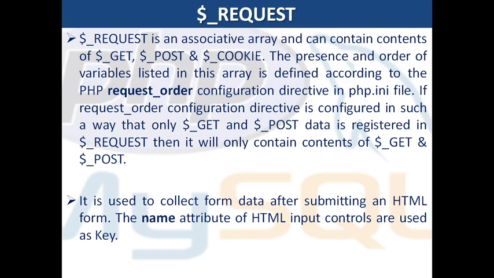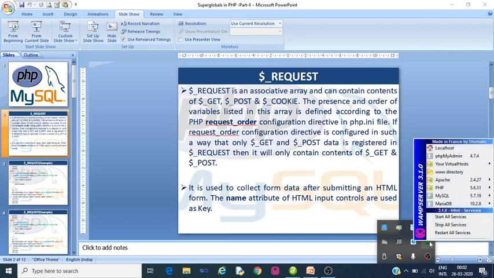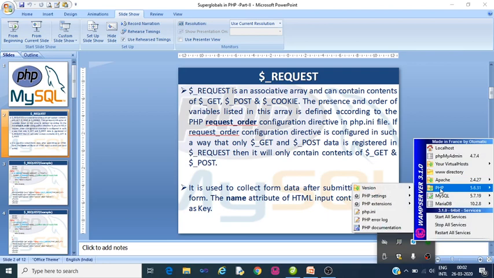Let us check it in the php.ini file in this WAMP server. So here in the tray menu, our WAMP server icon is there. Just click it and you will see PHP, and there the php.ini file is.